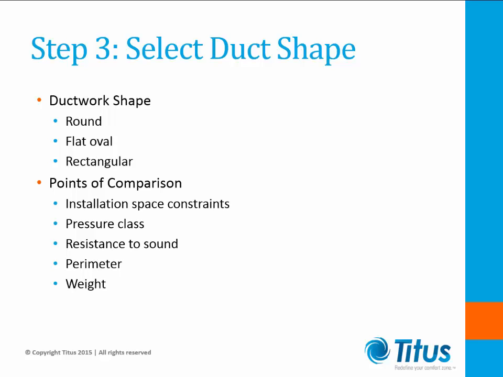If we review all these considerations in concert, we see that round ducts are the most desirable choice, but due to size and space limitations are not always selected. The next would be flat oval, and then finally rectangular.